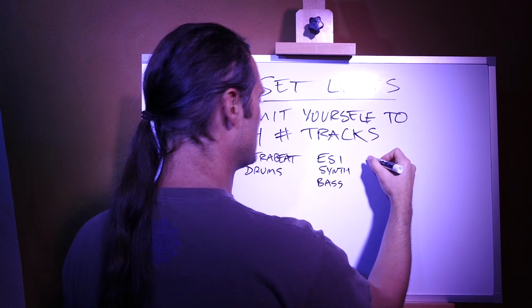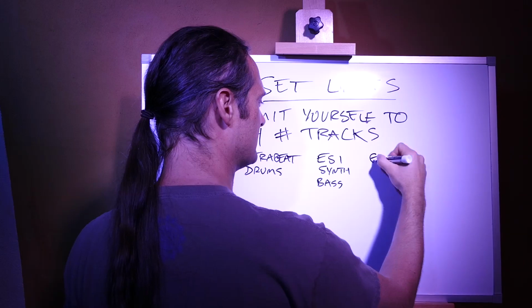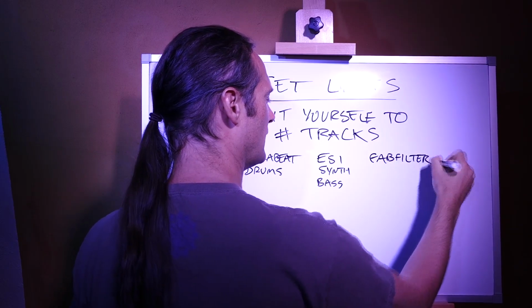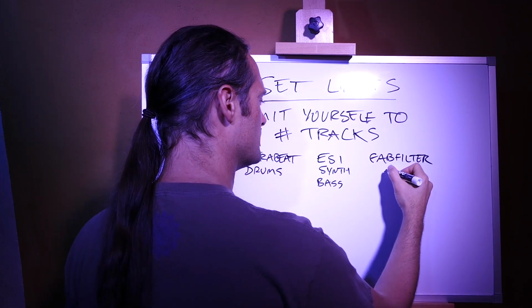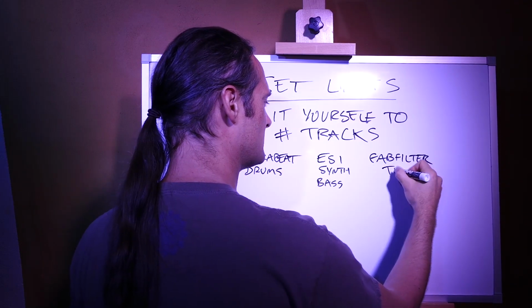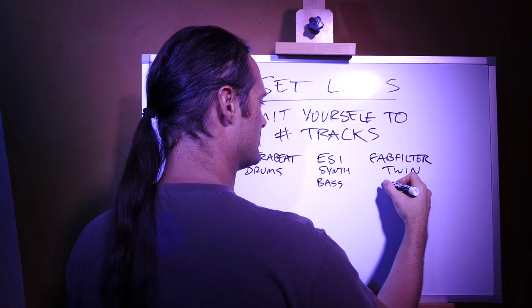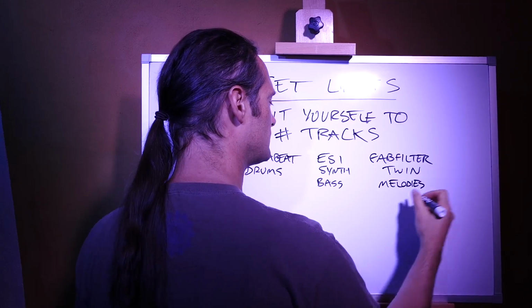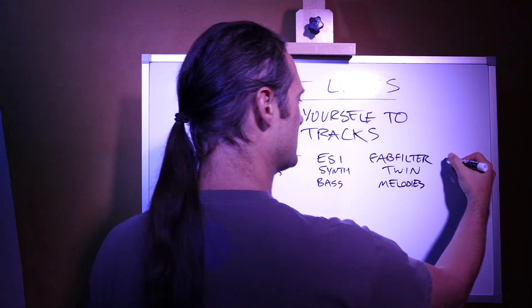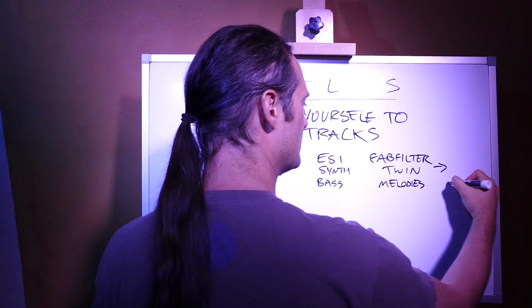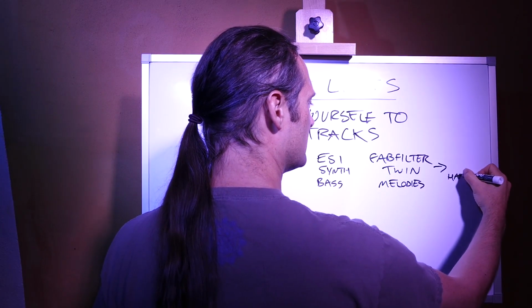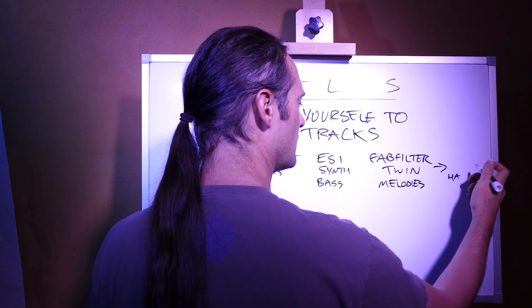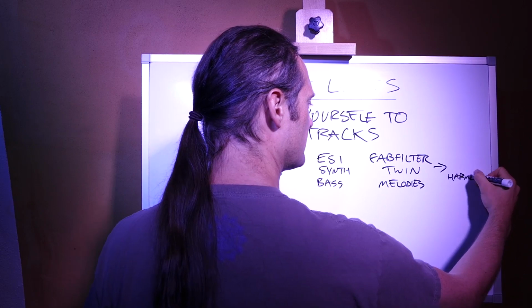And then I believe that I used the FabFilter, what was it? Twin? Yeah, for my melodies. And then I also think I used the same thing for my harmonies.